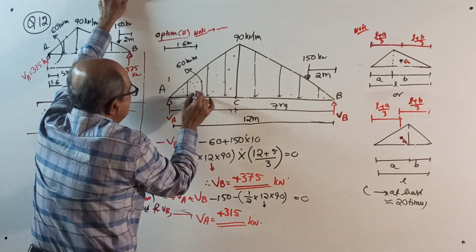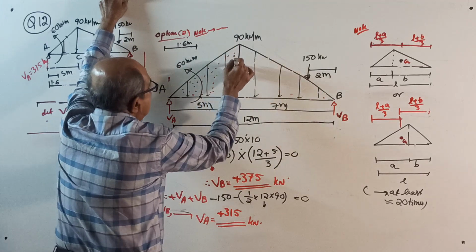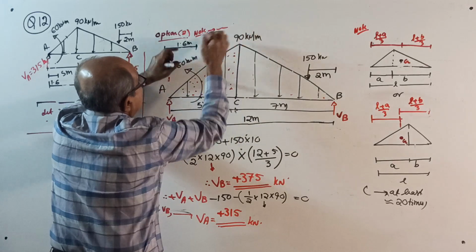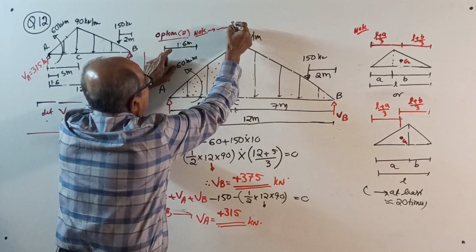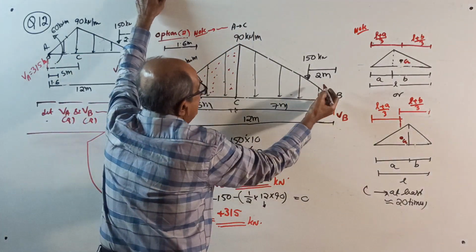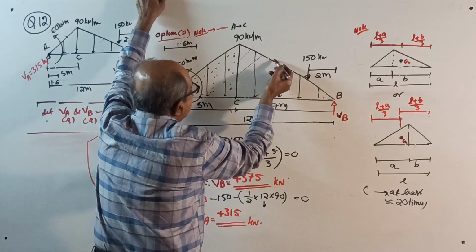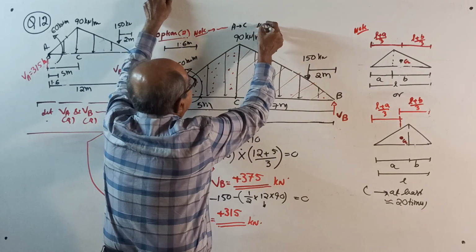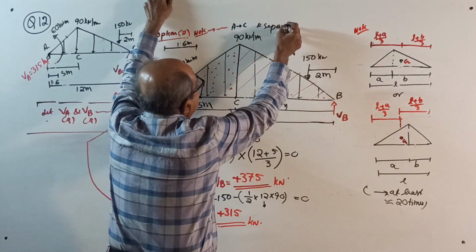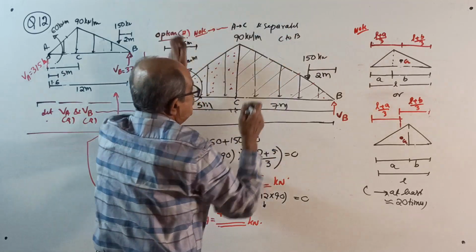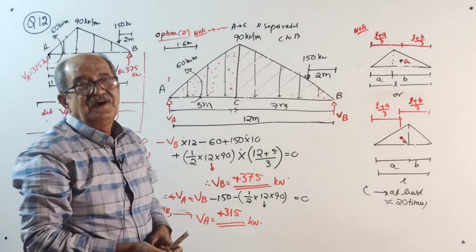Consider A to C in one stretch, as a right angle triangle. And this one take separately, C to B. Many students tell me, sir, in class, this is better, sir.